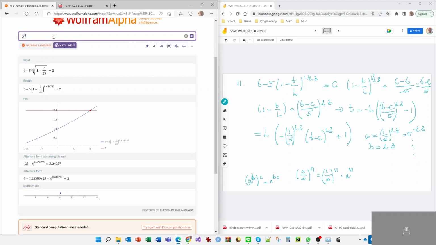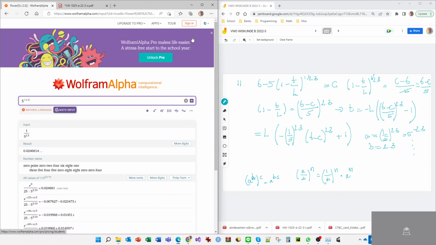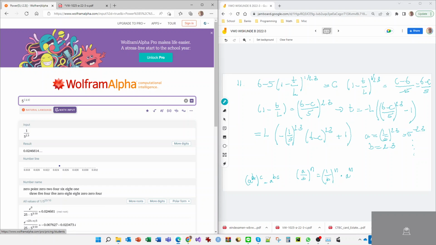Five to the power minus 2.3. So this is equal to 0.0246, etc.